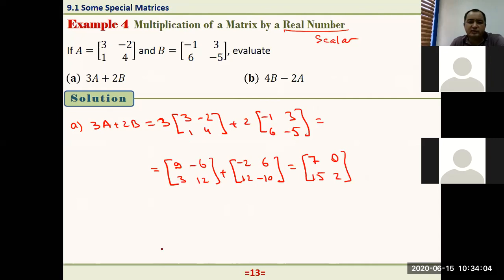As you see here, operations on matrices like addition, subtraction, multiplication of a matrix by a real number, or multiplying two matrices together, all follow a fixed rule, and that's why it is possible to write an algorithm for these operations.